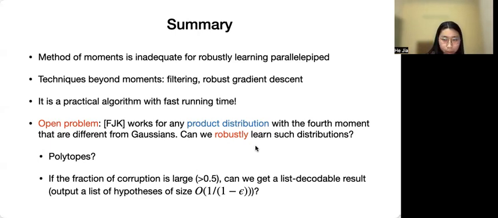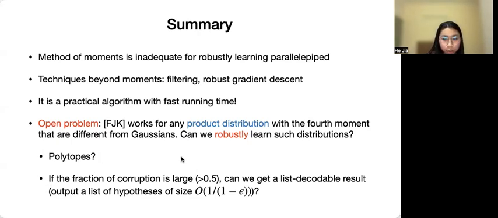So can we do the same thing? Can we robustly learn such product distributions? Another direction is, can we recover polytopes? Cubes, hypercubes are a special case of polytopes. Can we use our algorithm to recover polytopes?